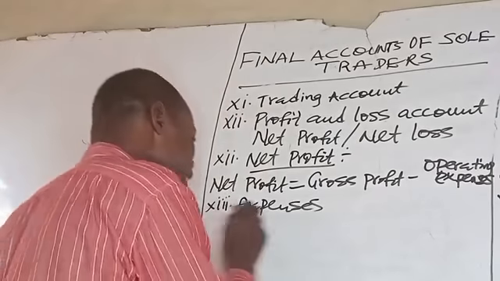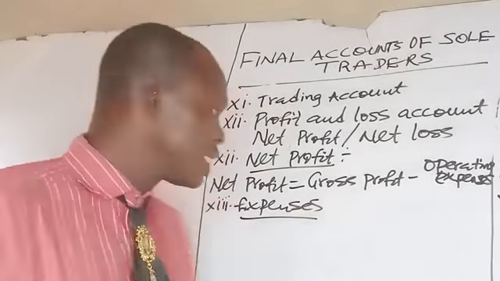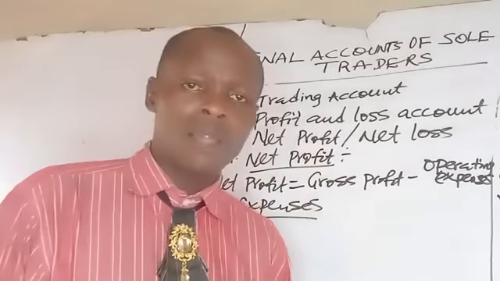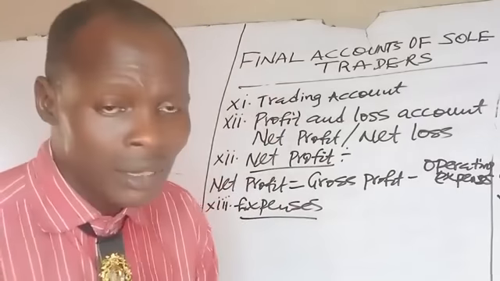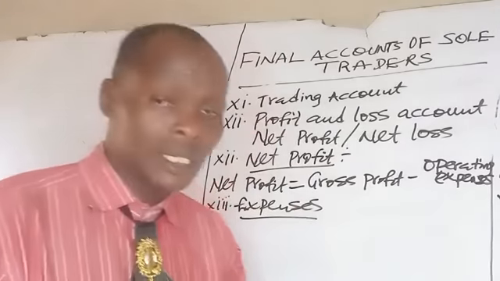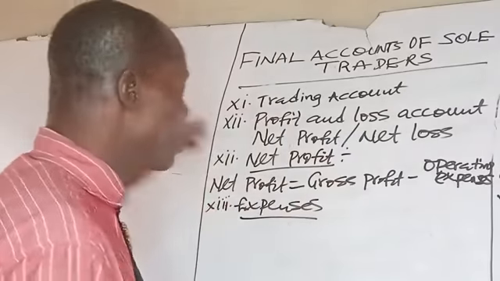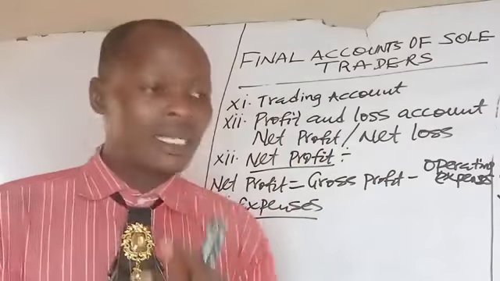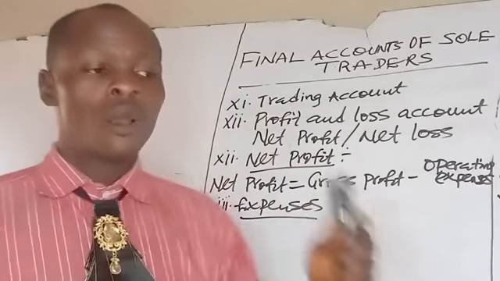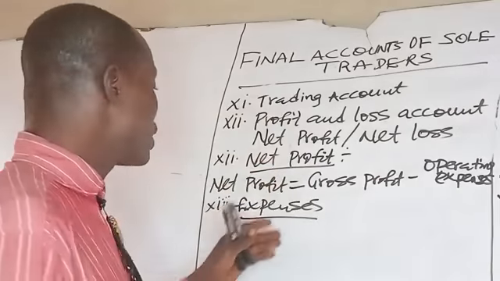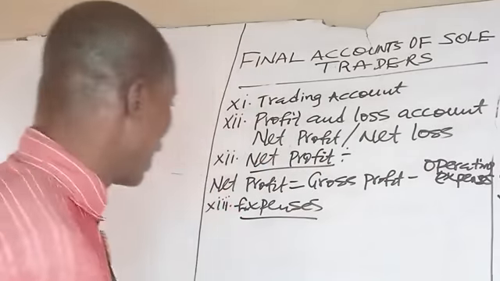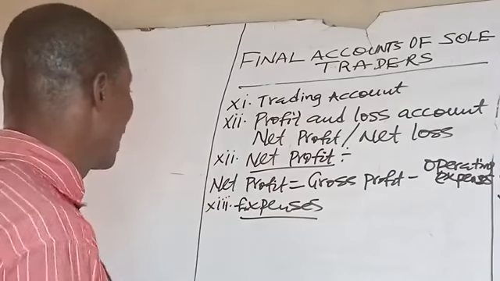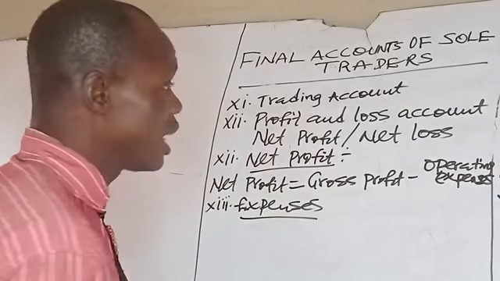Examples of expenses of the business include salaries and wages, rent and rates, lighting and heating, office expenses, insurance, postages, telephone expenses, etc. The costs incurred in running the business are said to be the business expenses.